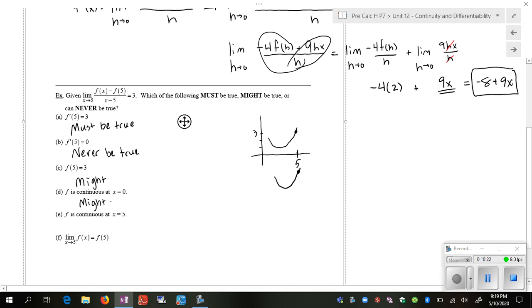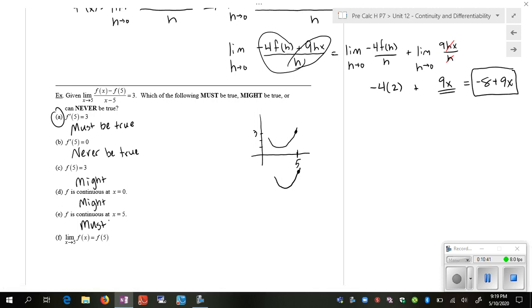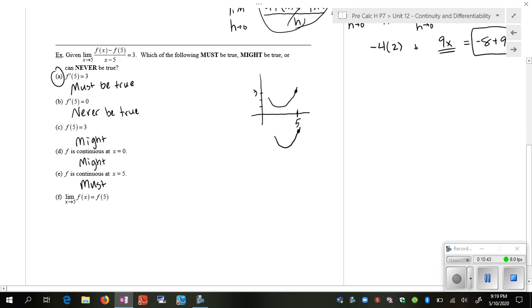For E, again, this is true if the function has a derivative, based on differentiability rules. It has to be continuous at that point, so this is a must. And then because it's continuous, based on what we talked about in continuity at the very beginning of this unit, the limit at 5 and the function value at 5 have to be the same.